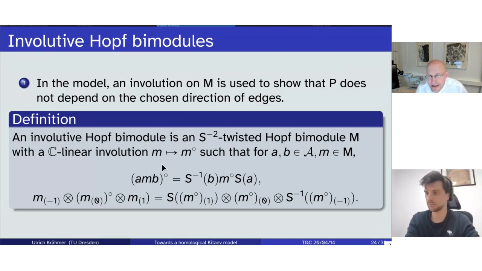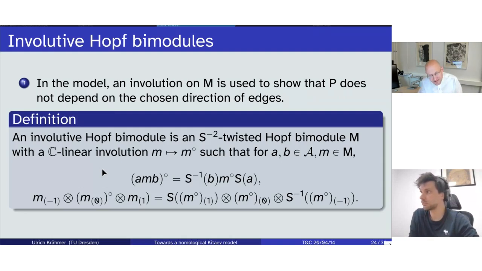This one way and another way comes with this involution, the incarnation of that idea. So if we have a Hopf bimodule, we can use the antipode or the inverse of the antipode to turn the left action into a right action and the left coaction into a right coaction and vice versa. And you can then ask whether this flipped action and coaction could lead to a Hopf bimodule which is isomorphic to the original one.